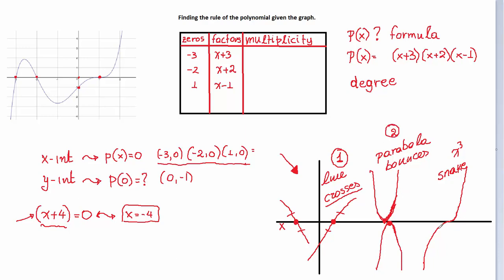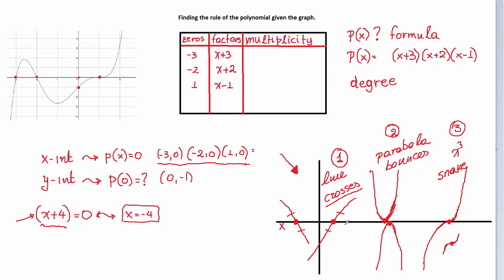And another possible case is that the curve crosses the x-axis, but at the time that it crosses, it creates a strange S, something like a snake moving. In this case, it reminds us of nothing else than the graph of x cubed, and the degree of x cubed is 3.